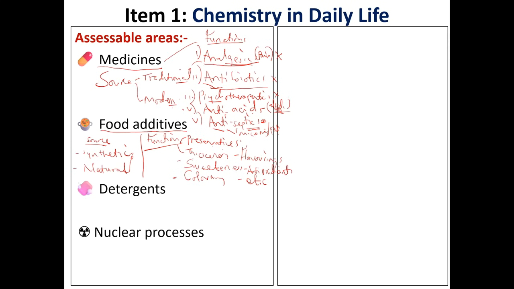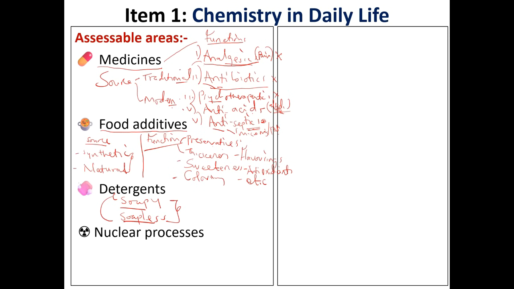Then we have detergents. Now, detergents can be categorized; we have only two kinds of detergents. Number one, we have the soapy detergents, and we also have the soapless detergents. So those are the major two categories of detergents that we have. And we don't need to end at this.